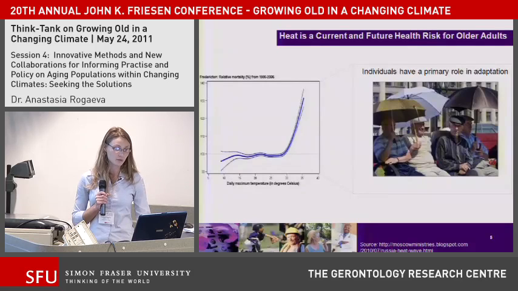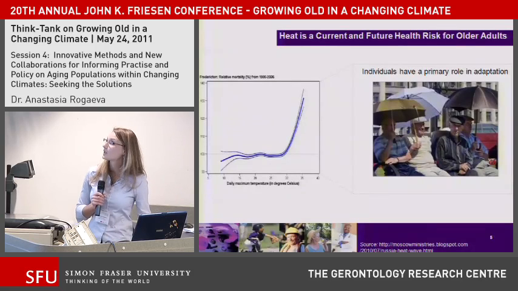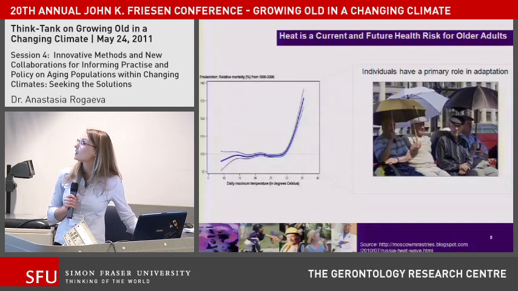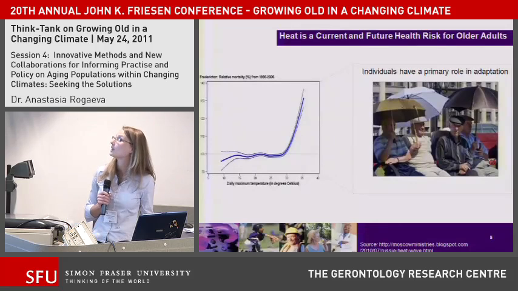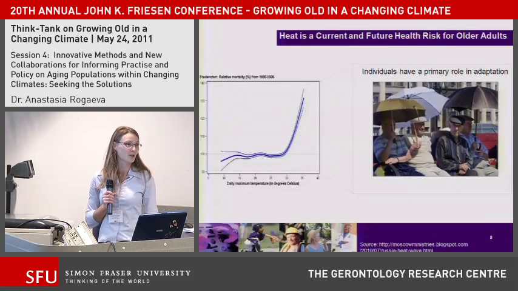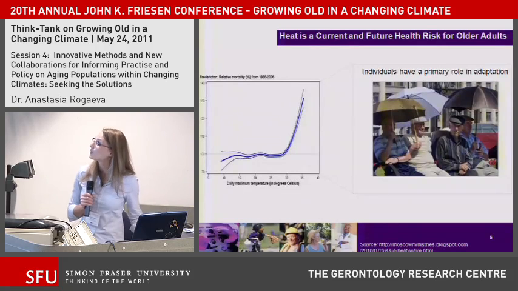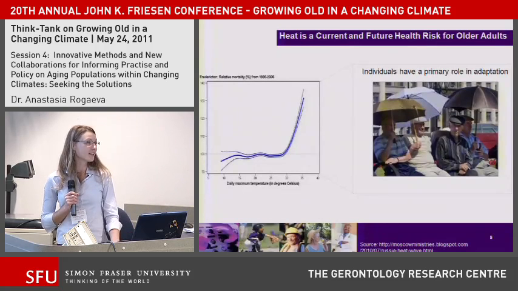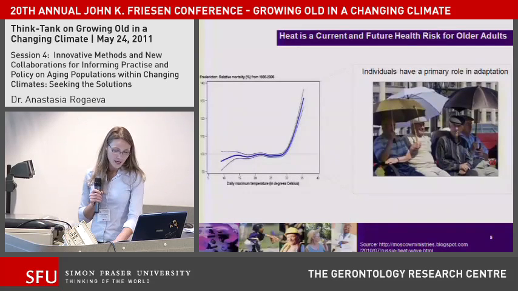So it's very important to inform them and have them almost buy into it in order for them to take action. This is an image from a newspaper that I took, of a Russian heat wave last year. There's a whole bunch of older people sitting under umbrellas. That's a prime example of adaptation: even though there's no shade, they've pulled out umbrellas and created shade for themselves.